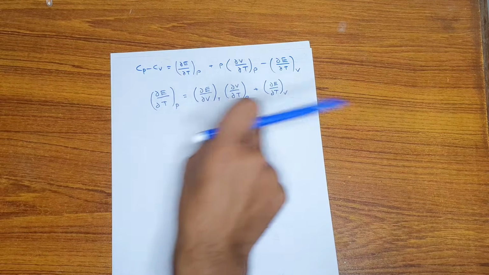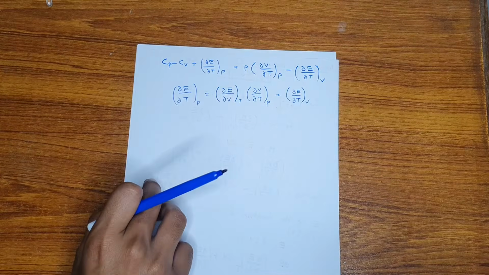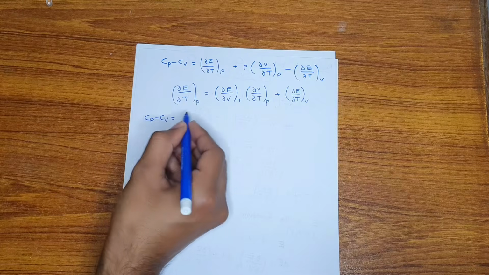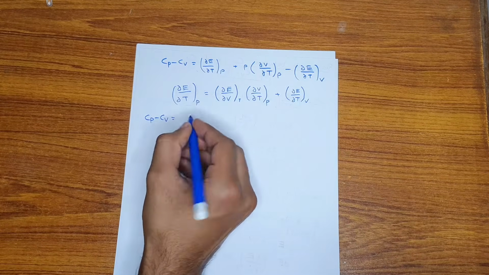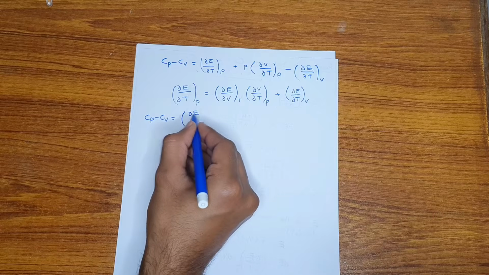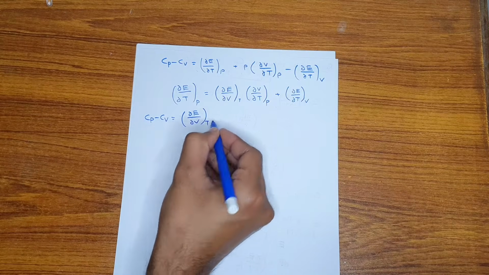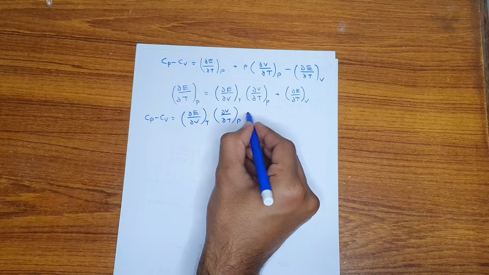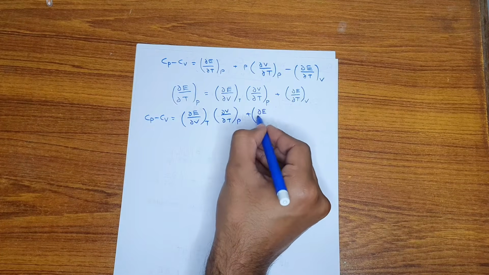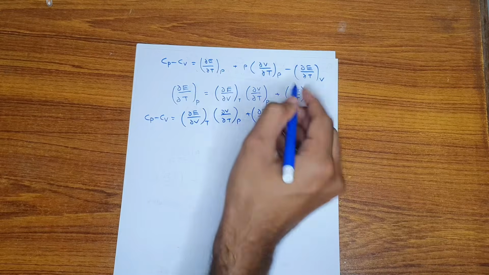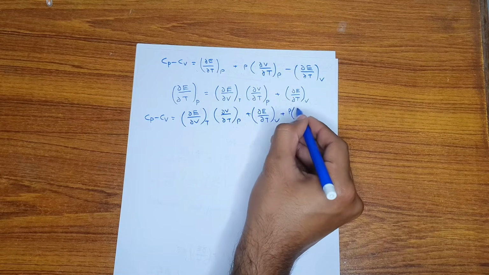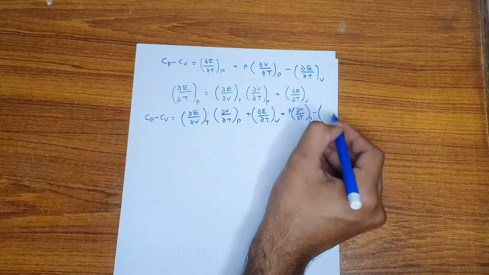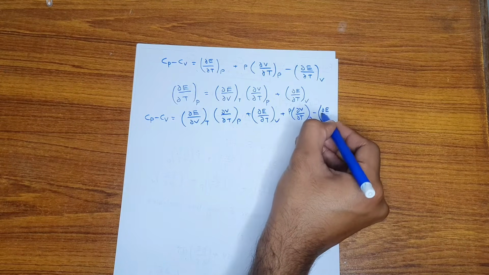So when I plug in the value here, as you can see on your screen, Cp minus Cv will become ∂E/∂V at constant temperature times ∂V/∂T at constant pressure, plus ∂E/∂T at constant volume, and then again P times ∂V/∂T at constant pressure, and again the last part of the equation.